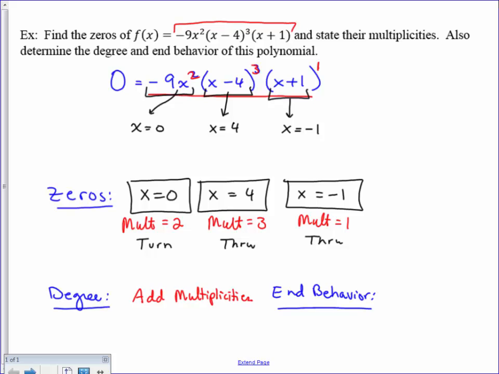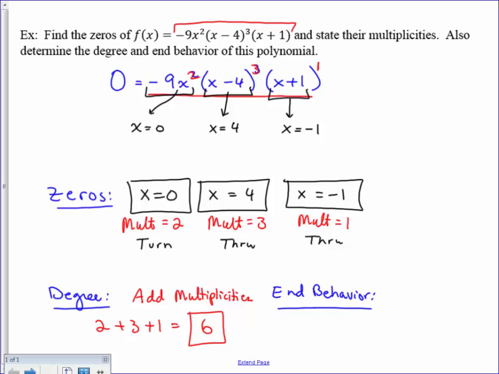So in this case, if we were to add the multiplicities, 2 plus 3 plus 1, we would get 6, and that would be the degree of my polynomial. Now on this one as well, the end behavior is also determined by the leading term of my polynomial.